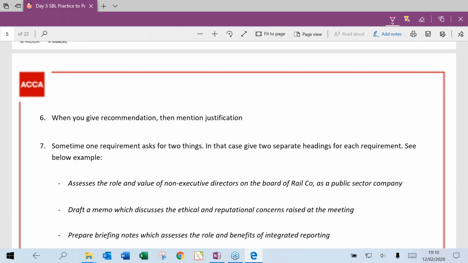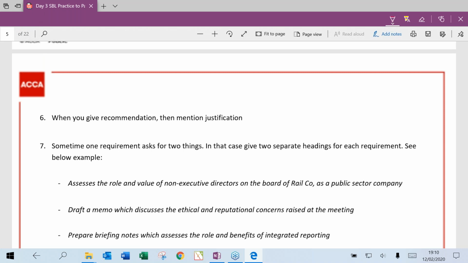Point number 6: when you give a recommendation, then mention justification. This is a comment which I picked up from the examiner's report of the last attempt. In question number 1A, we were supposed to do a PESTEL analysis, and then we were supposed to give a recommendation on future investment options.